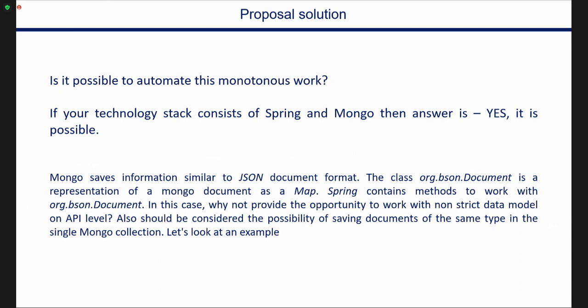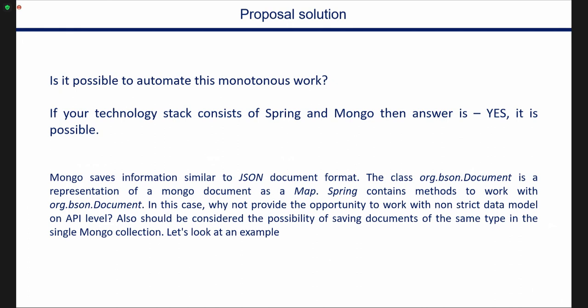Also, Spring contains methods to work with this instance of the class org.bson Document. So we have the ability to save whatever we want into Mongo, any structure. We don't need any specific model. We can create the map, put inside the map whatever we want, and save it.